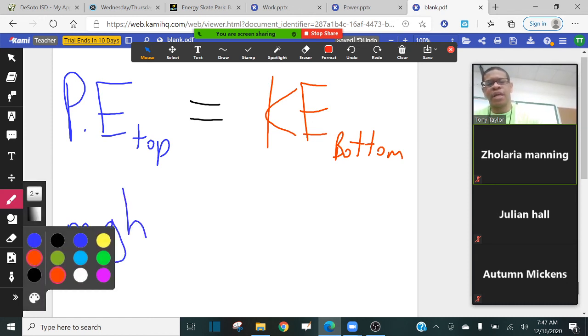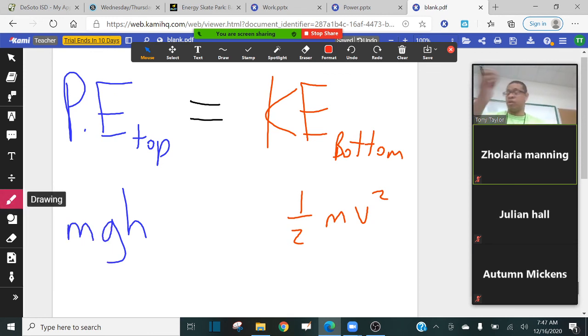The equation for kinetic energy is 1/2 times mass times the velocity of the object squared. So those two equations will be important on your test.